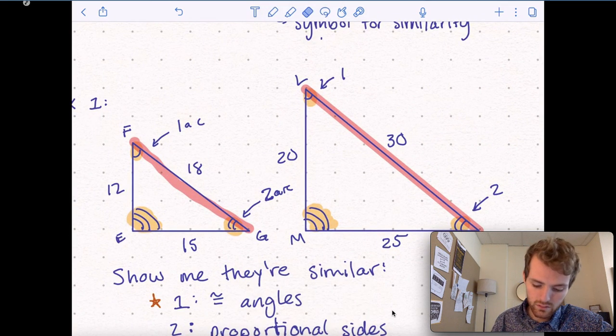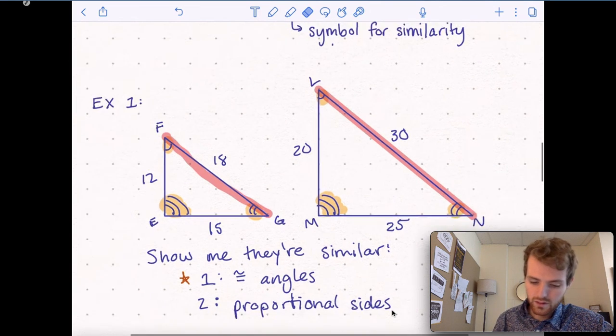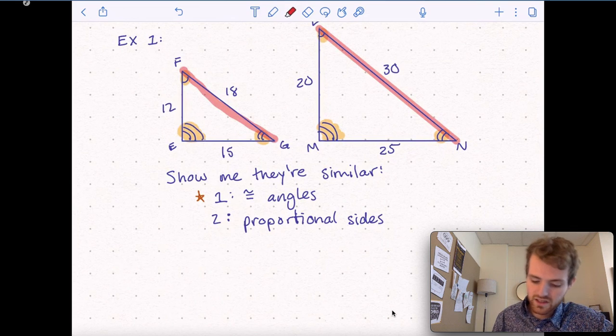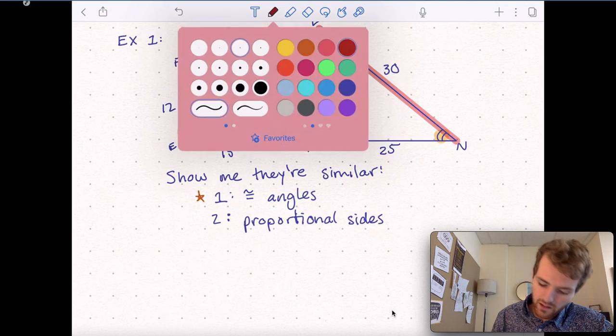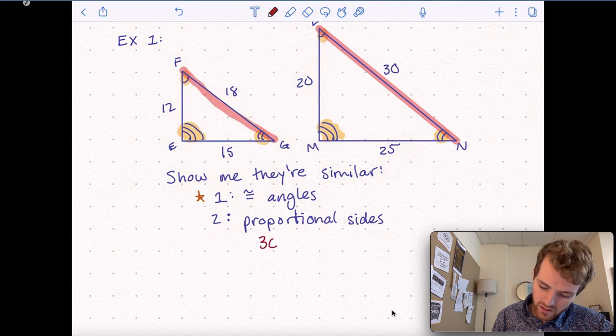So, swoop, swoop, we could say that when we set up that ratio, we would want 30 over 18.